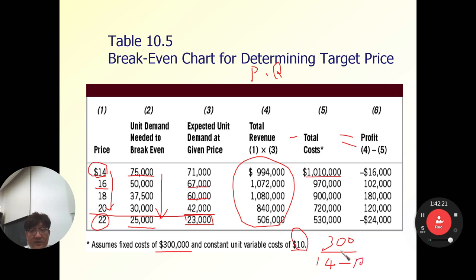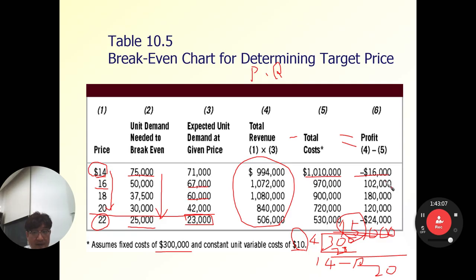You need to divide 300 by 4. You need to sell at least 75,000 units to break even. However, at this price the demand is only 71, which is less than your break-even point, which means you have a negative profit.